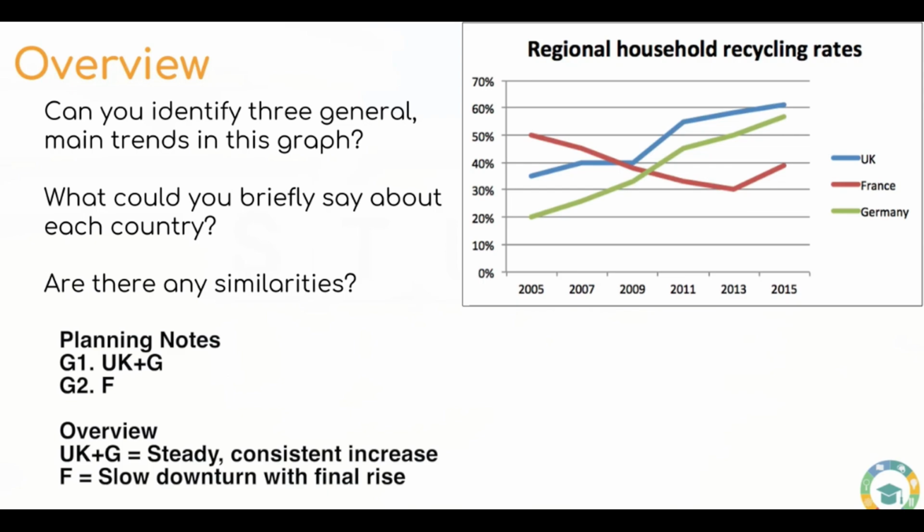France, however, has a completely different set of data, so I would put that in group 2 and write about it in my second detailed paragraph. The main trends I identified for my overview are that the UK and Germany have a steady, consistent increase, whereas France has a slow downturn with a final rise. Let's see how that would look in a fully explained overview.